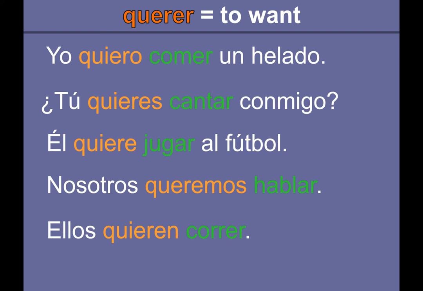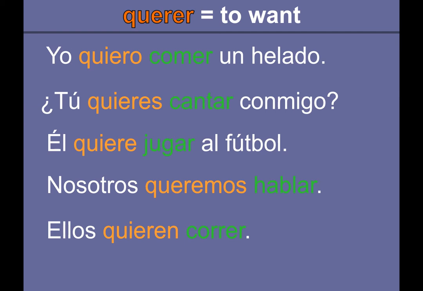So, yo quiero comer, I want to eat an ice cream. So instead of just wanting the ice cream, now I want to eat it. So we're adding an action. ¿Tú quieres cantar conmigo? Do you want to sing with me? Él quiere jugar al fútbol. He wants to play football, soccer.